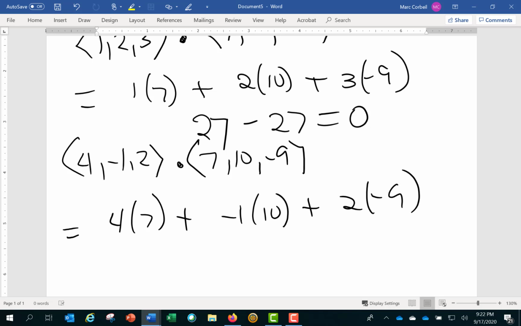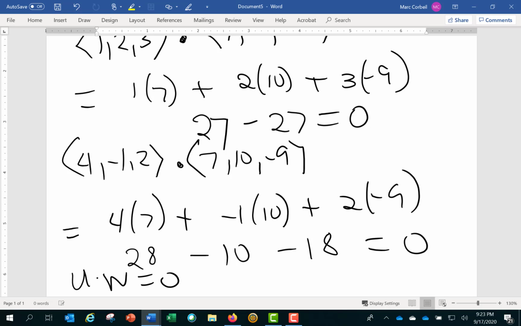I'll get 28 here, negative 10 here, negative 18 there, and again, I get 0. So I check that U dot W is 0 and that V dot W is 0. Indeed, W is orthogonal to U and W is orthogonal to V. That's exactly what we wanted to find.